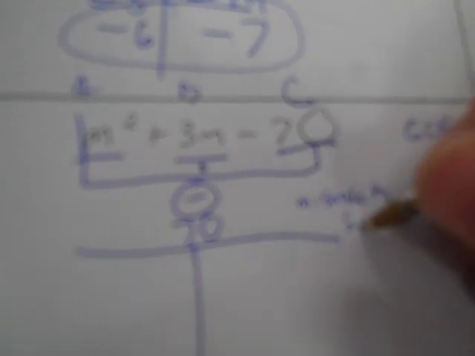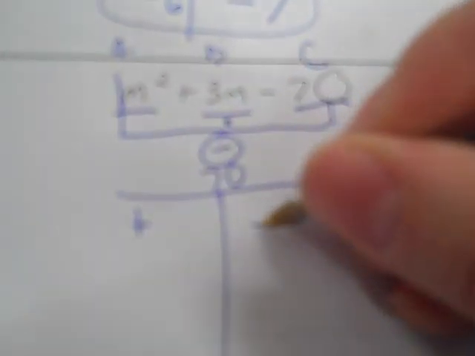For two things to multiply to a negative, it's a mismatch, okay? Mismatch your signs. Positive, negative. Then the factors that I come up with here have to add to +3. So divide into that.